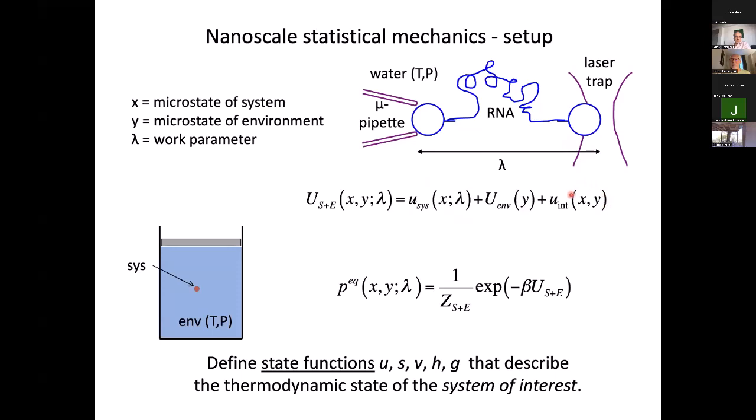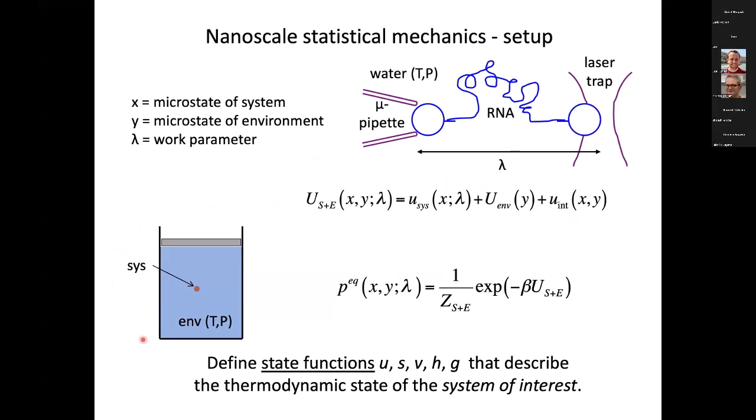And then there's going to be an interaction energy that couples the two subsystems, the X for the system of interest and Y for the environment. Now, obviously, this is not the most general Hamiltonian one could write down. One could make either or both of these terms depend on lambda, but this is motivated by the physical situation that usually occurs in laboratory experiments.